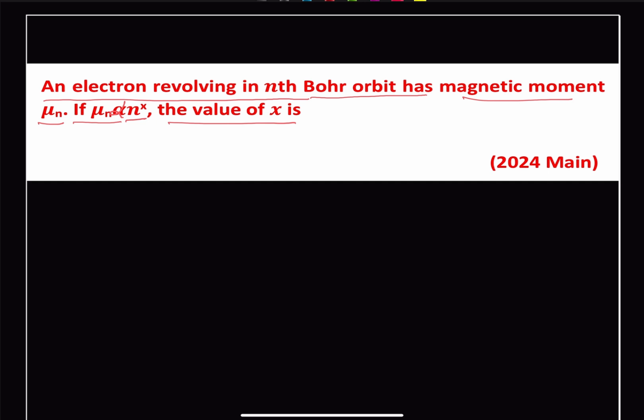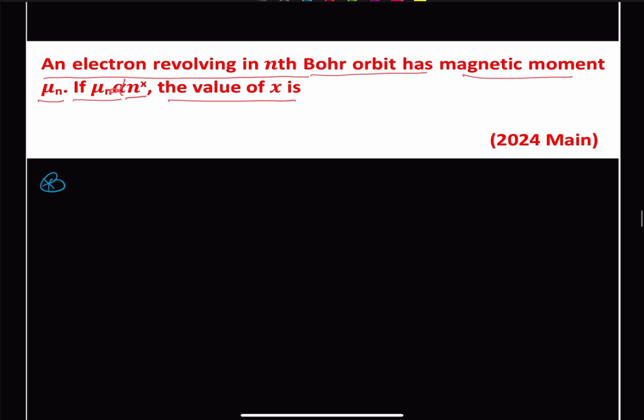So we can use the standard formula, which gives us that the magnetic moment of the electron in the Bohr model, which is our mu of n, is given as e divided by 2m into L of n.